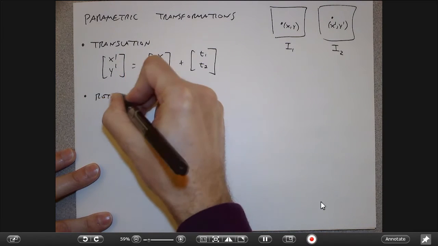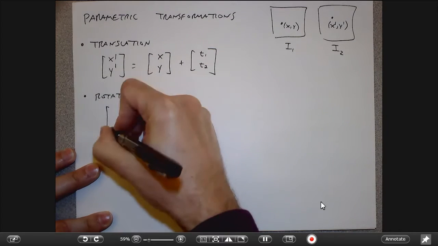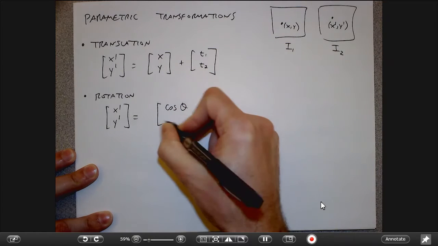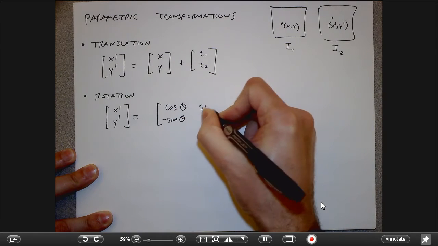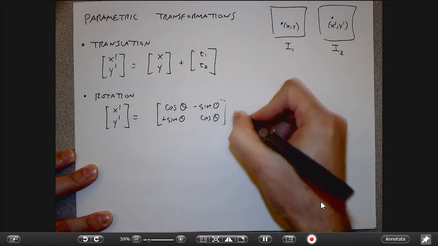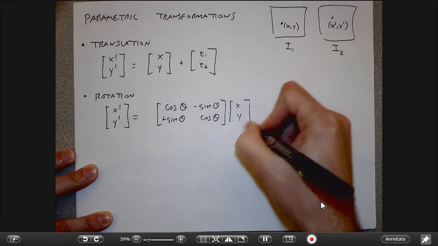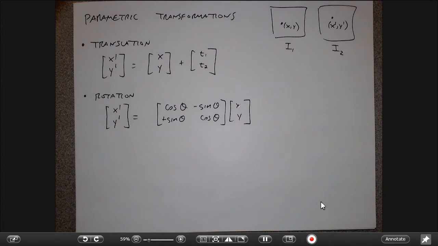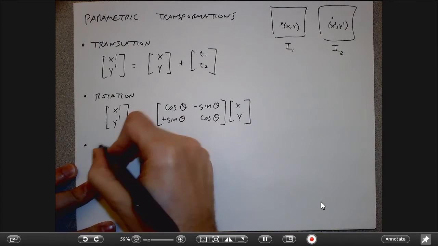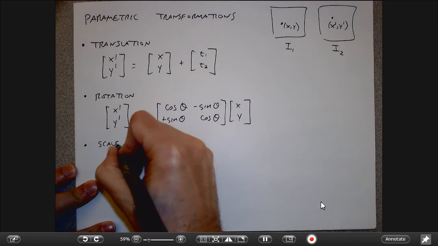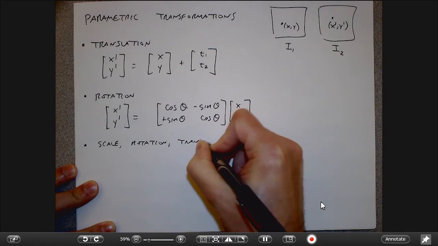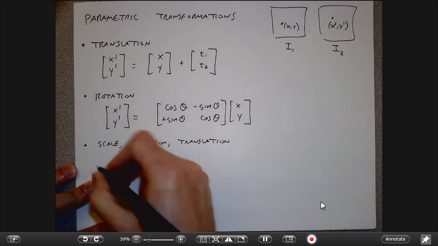Rotation is when I have an angle theta. Depending on how you do this, it could be like this. So rotation is going to take the image and rotate it by theta degrees. And of course, I could also add in a scale, rotation, and translation.